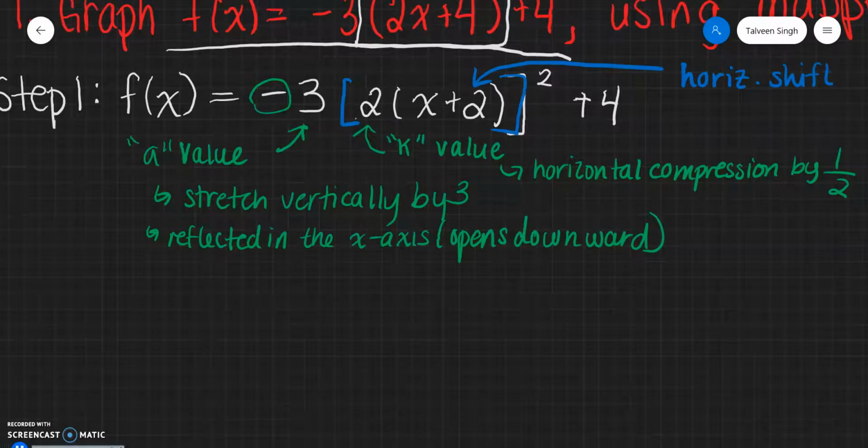Since it's a positive 2 in there, when we pull it out, it's a negative, so it's to the left. Horizontal shift left by 2. Okay, and then last but not least, we have this last number. It's outside this blue bracket, so this is our vertical shift. It's a positive, so up by 4.